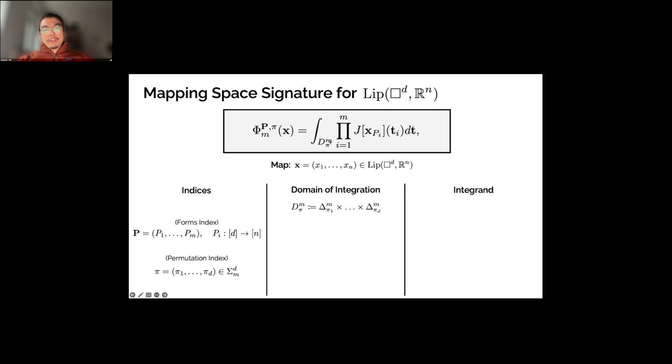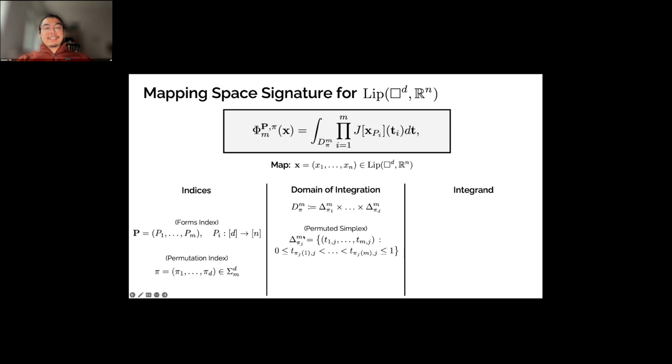Now here the domain of integration is this space I'm calling dm pi. So rather than taking an integral over a single m simplex, we're going to be taking a multi-iterated integral over d m simplices. But these simplices are also going to be permuted. So this is where this permutation index comes in.